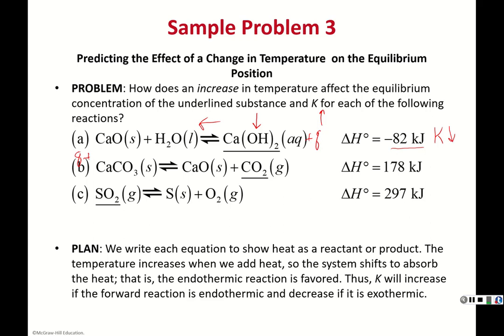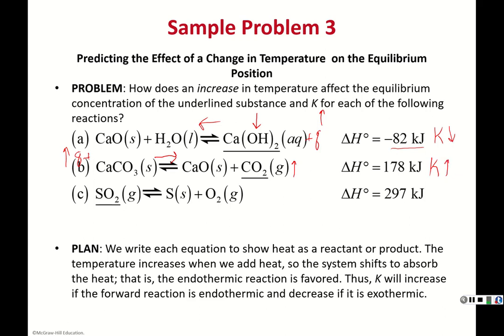And remember, if temperature is increasing, heat is increasing, so we're increasing a reactant. That's going to push it to the right. And that means CO2 concentration will increase. We're increasing a product concentration, which means the value of K will also increase.